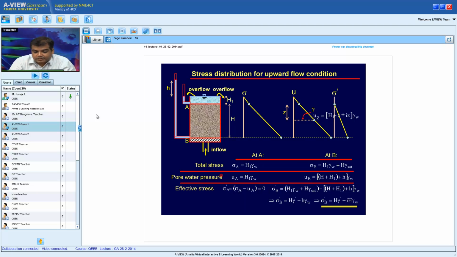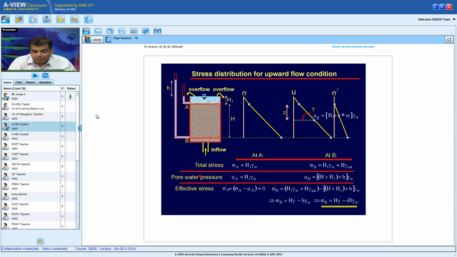Let's look at the second one, pressure. I would like you to really concentrate on this row. This is the most important row of this entire slide. What is the pore water pressure at A? Remember, we are looking at upward flow. If I insert a standpipe at A, because of this overflow mechanism, the water in the standpipe will stop at this level. It won't go up because water is held at this level.